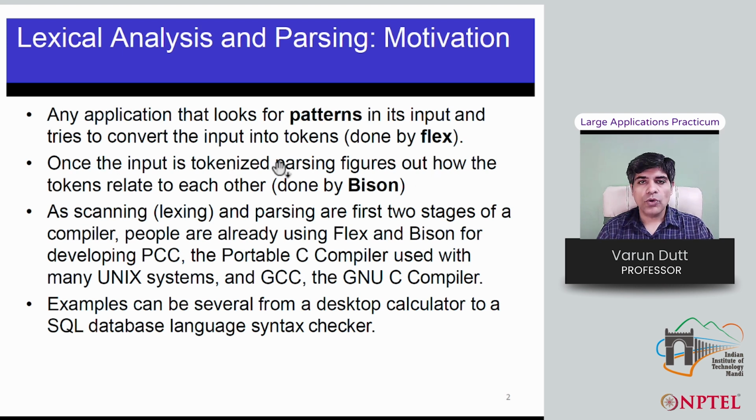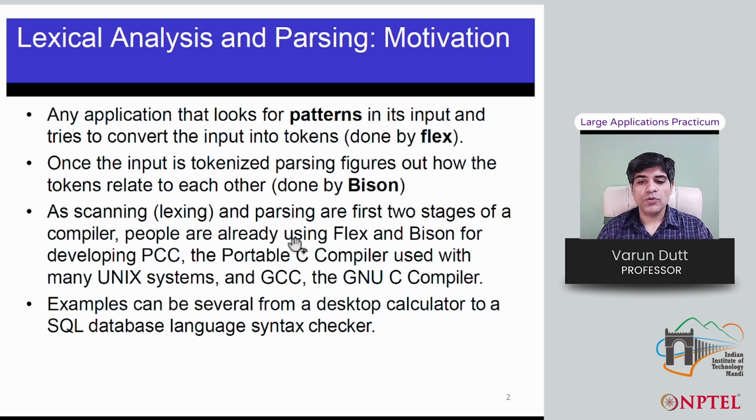Once the input is tokenized into small tokens, one can parse it, figuring out how these tokens relate to each other. This is done by another utility called Bison. Scanning, often referred to as lexing, and parsing, which is understanding the tokens, are the first two stages of a compiler.